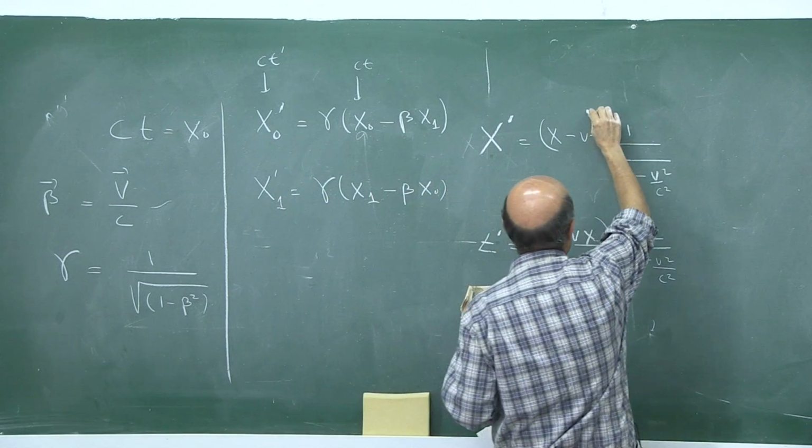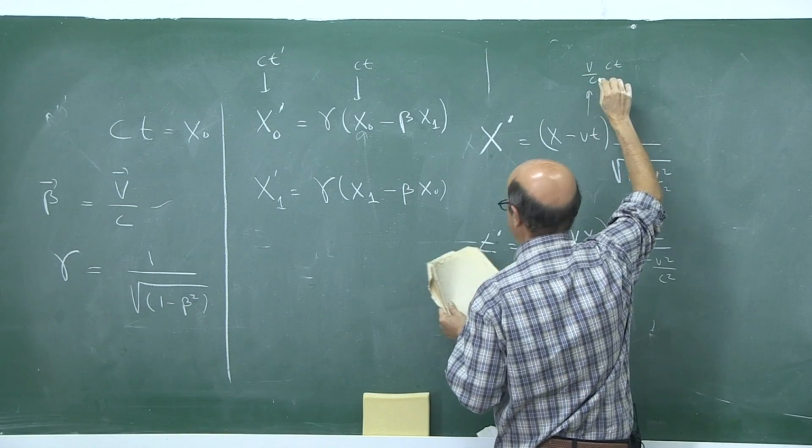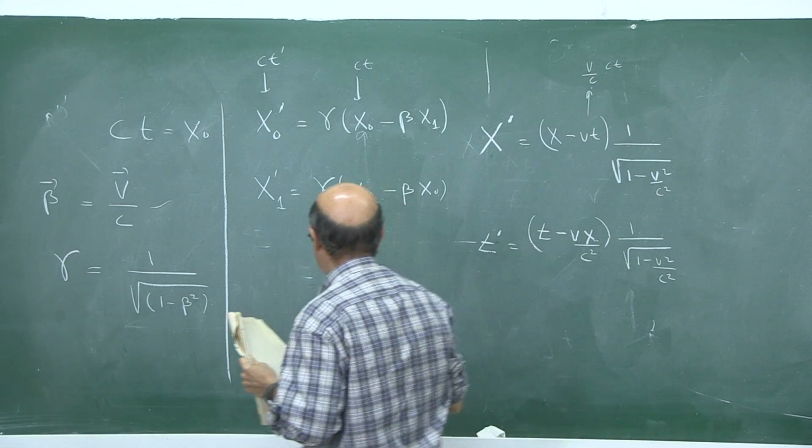This term is equal to V over c times ct. This is x0, this is V, this is beta.